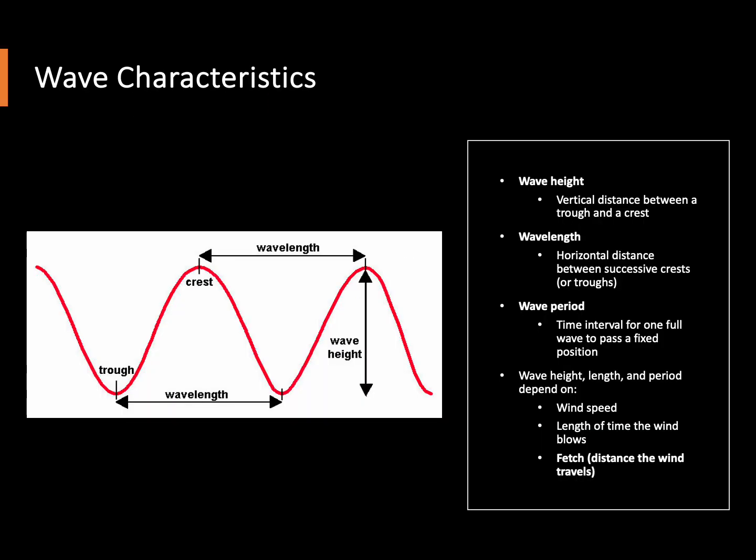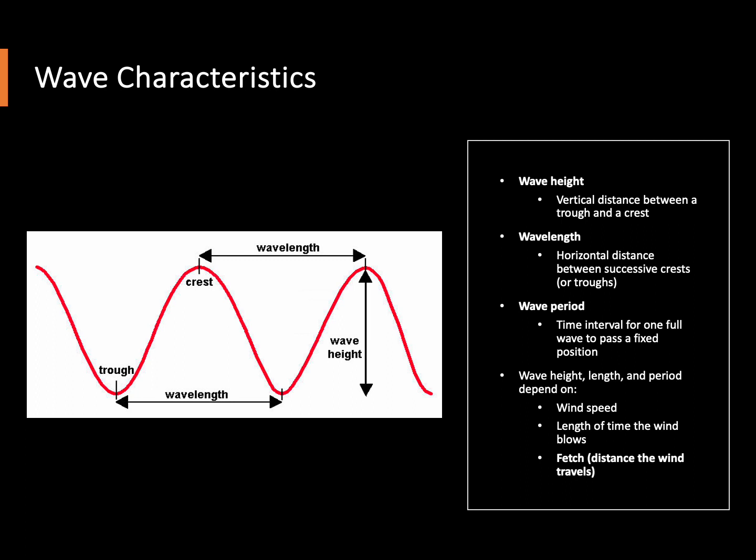But we also need to be able to describe our wave and give it different characteristics. Some of these you might be familiar with and others might be new terms. But the wave height is just going to be the difference between the very top and the very bottom of the wave. And here in earth science, we call the top of the wave a crest and the bottom of the wave our trough.